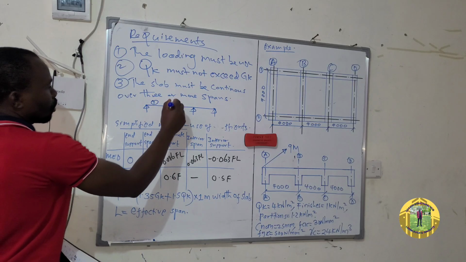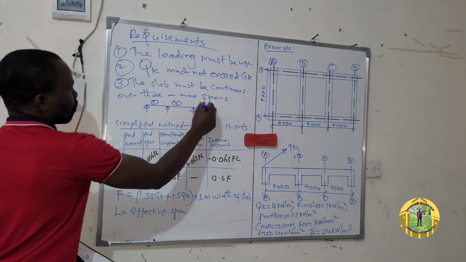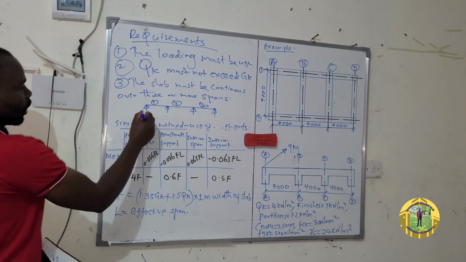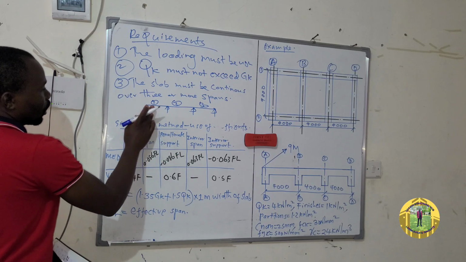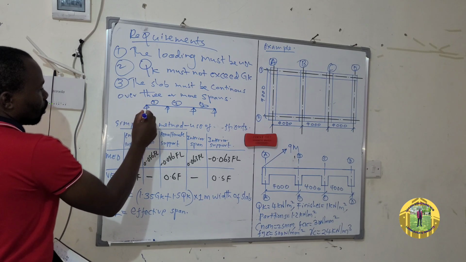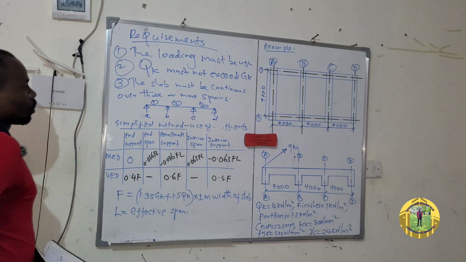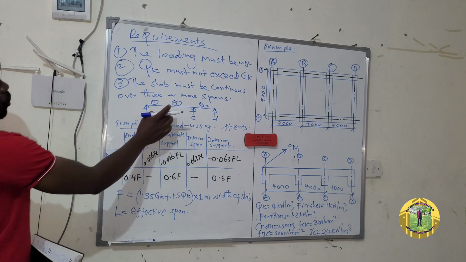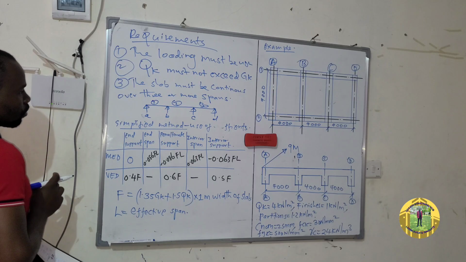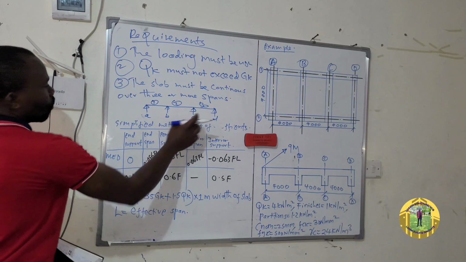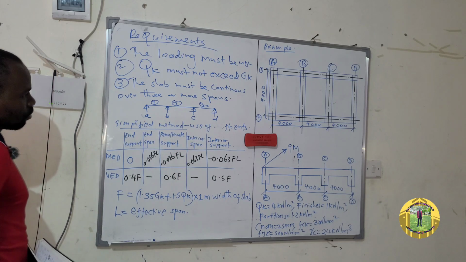These are 1, 2, 3, and 4. Let's use A, B, C, D for the supports. So it means 3 spans and above, and then 4 supports and above.